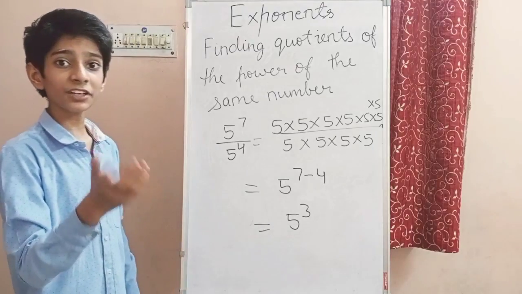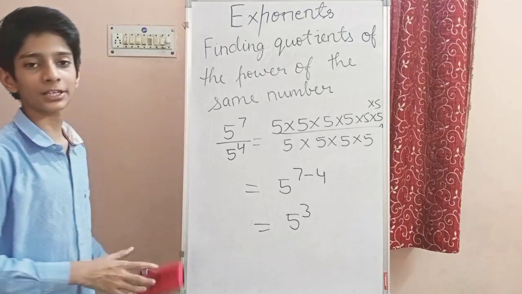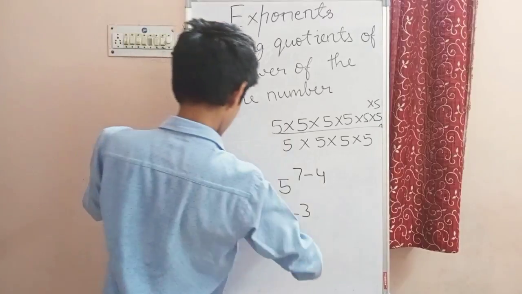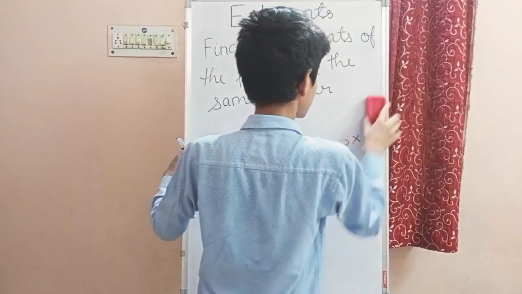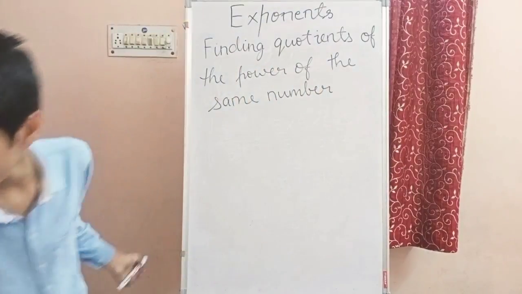Now I will tell you if the denominator is greater and numerator is smaller. Okay. So if numerator is smaller and denominator is greater, then what we will do?